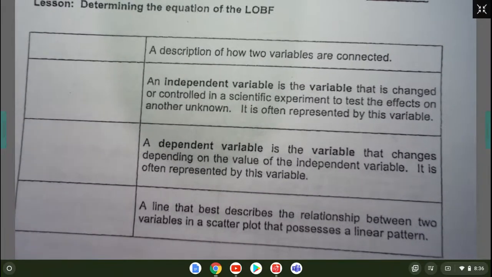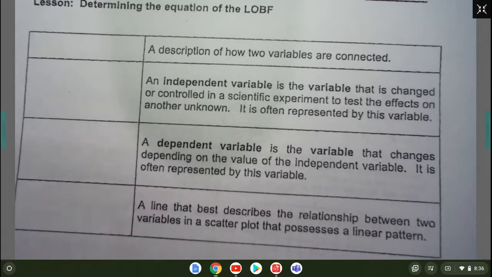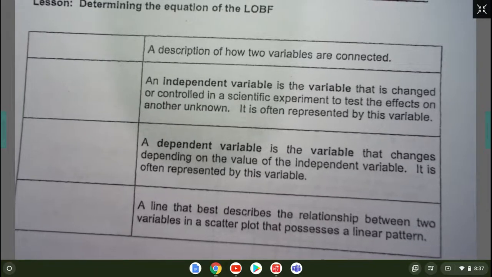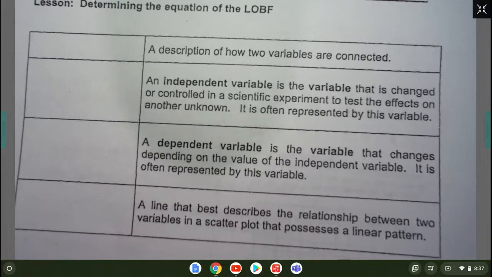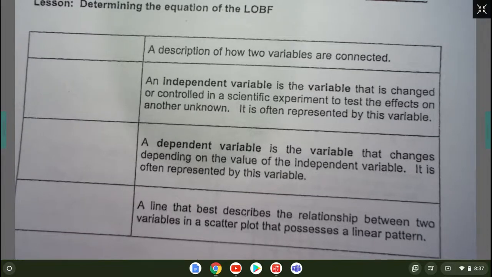A dependent variable is the variable that changes depending on the value of the independent variable. And then the line that best describes the relationship between two variables in a scatter plot that possesses a linear relationship.